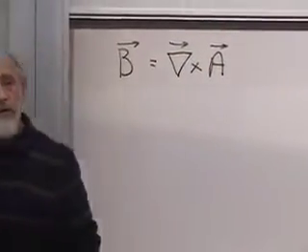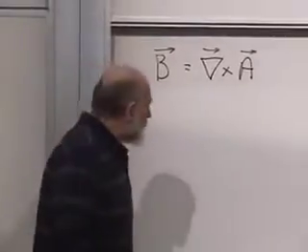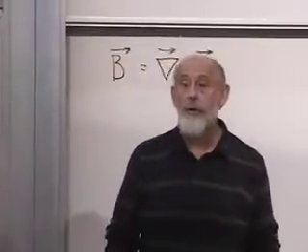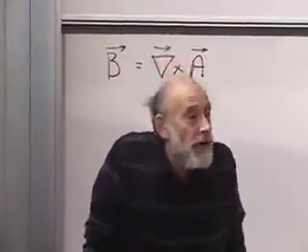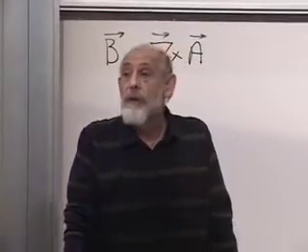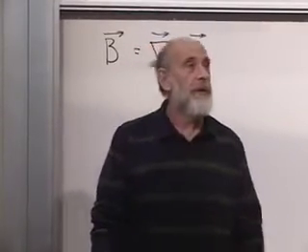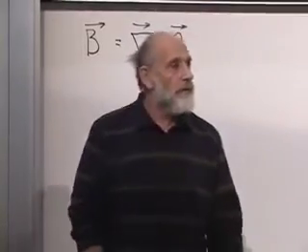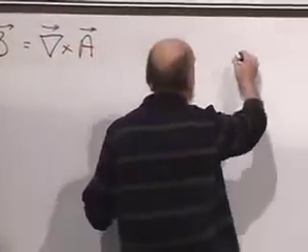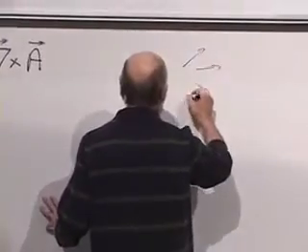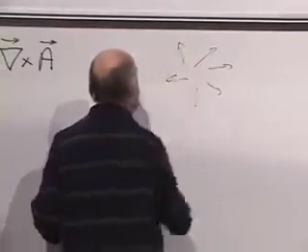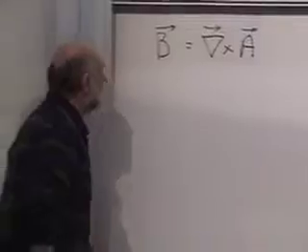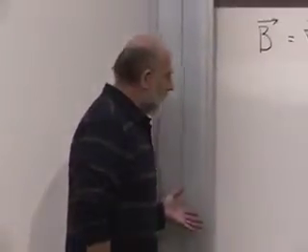Now, there's something special about vectors which are curls of other vectors. Anybody know what it is? They have zero divergence. We talked about what a divergence is, but basically it's the spread of the vector field away from a point. Anything which is a curl has zero divergence.